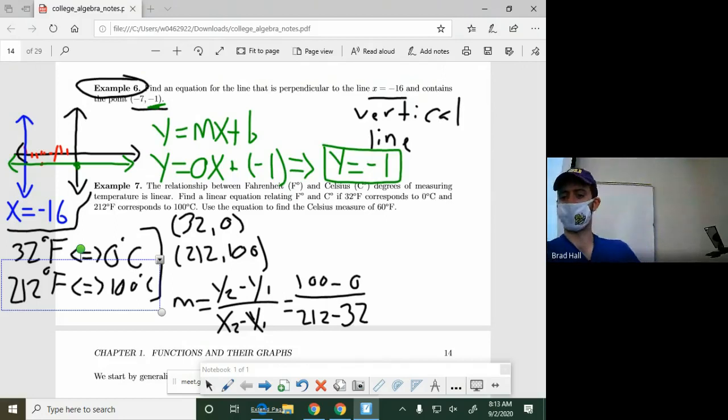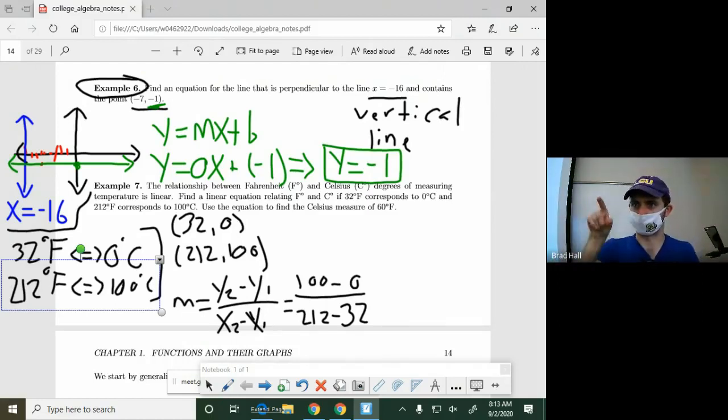And we use this because we do not have a visual representation of the line. There's no rise over run to look at. We don't have a graph to just simply count. And if we did, we'd be counting for a long time, considering the magnitude of these numbers.